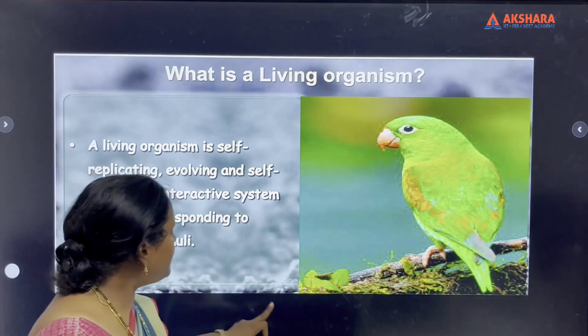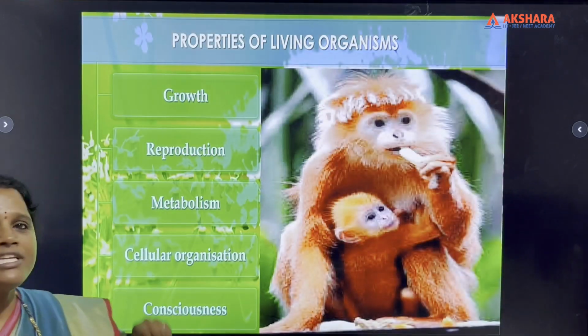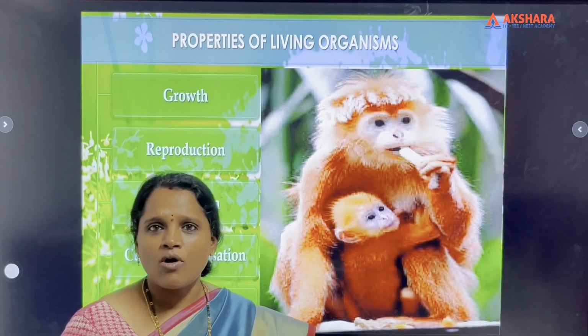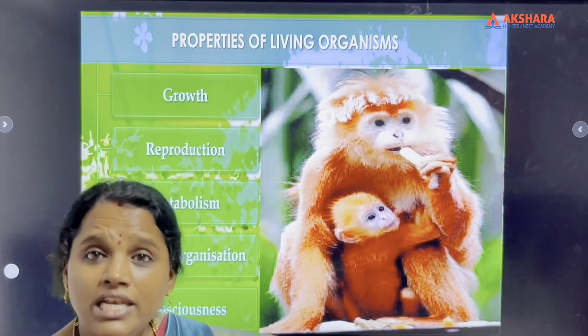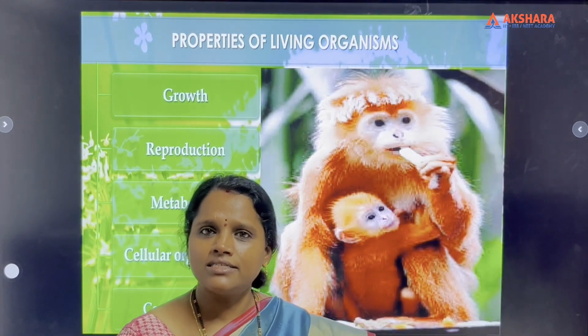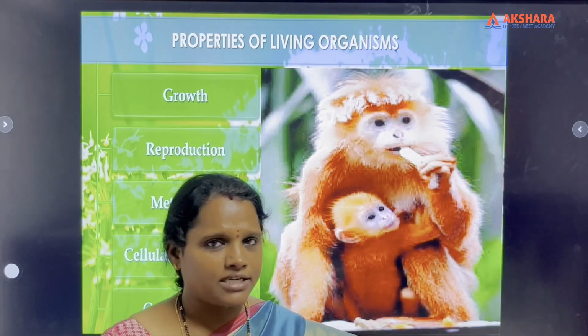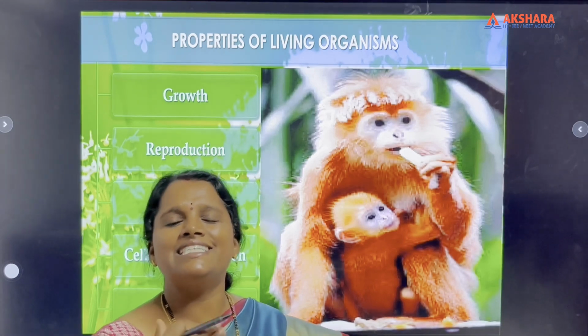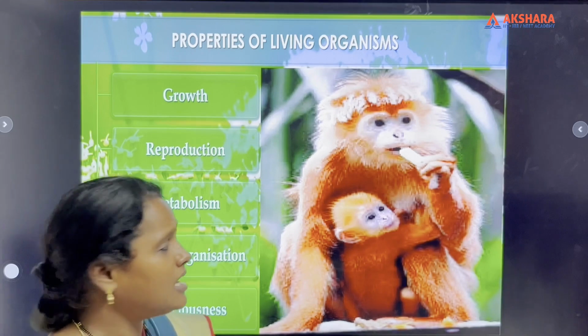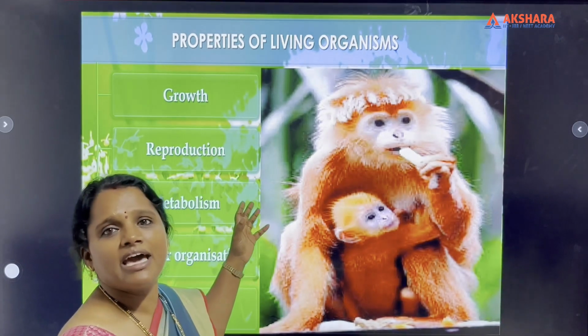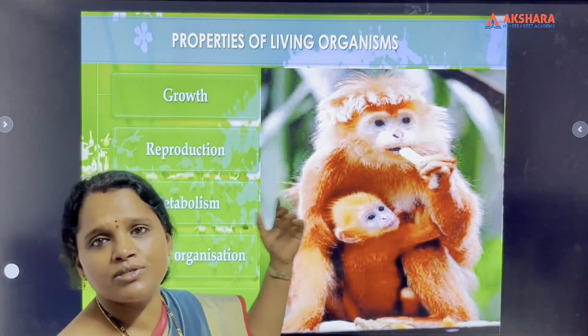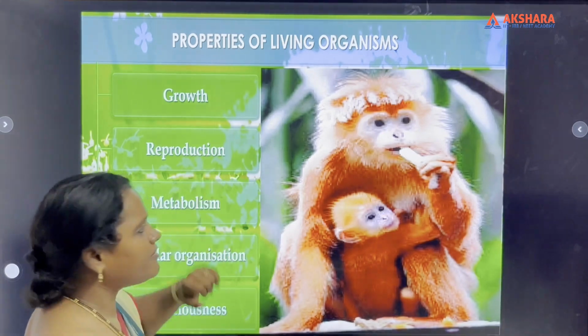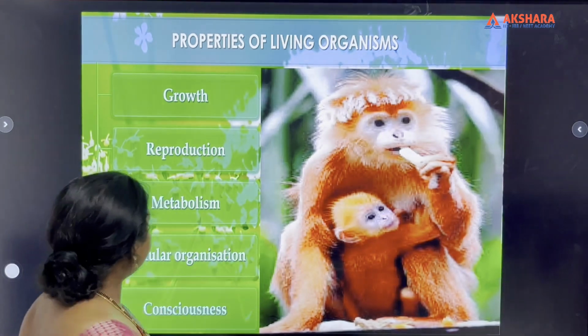So every living organism does show these properties. Now you might have a doubt: do all living things show these characters? Do non-living things not show these characters? Let's discuss at the end of our topic whether all the living have these characters or non-living also have these characters. One by one we'll go into the depth.